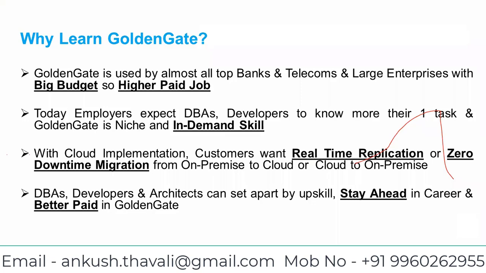Because cloud is booming. Cloud is not next, cloud is right now booming. And definitely in 5 to 10 years, you will see all the data will be on the cloud. And Golden Gate is one of the best ways to replicate data. The best part with Golden Gate is that it works with data, so you don't have anything to worry about whether it is on-prem or cloud. The way Golden Gate works for an on-prem database, in the same way it works for a cloud database without any issues.